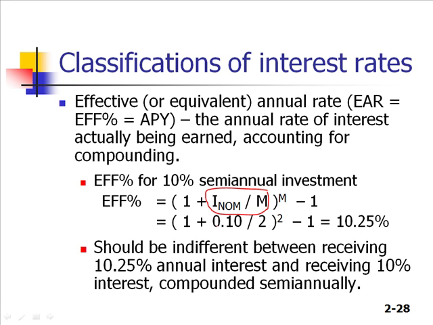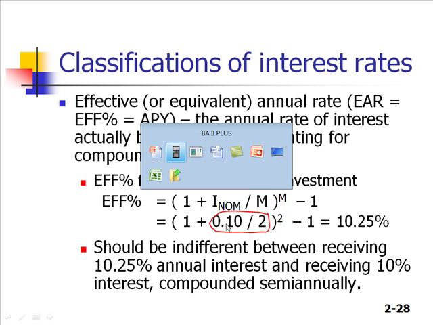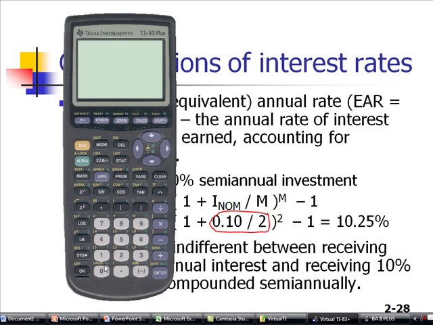So in that last example we did, we had to take the nominal rate of 10% and divide by 2 because it was semi-annual compounding. I guess that would give us 5% right here, or 1.05. And so you could take 1.05 to the power of what? 2, and then subtract 1, and you would get 0.1025, which is 10.25%.